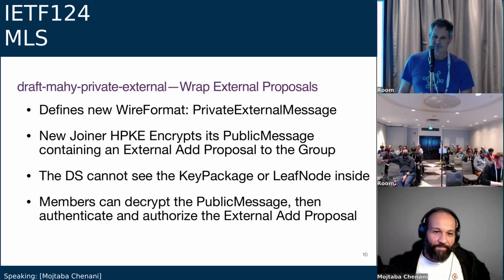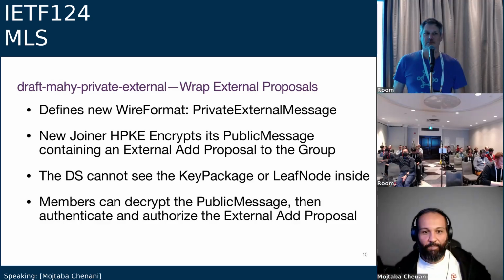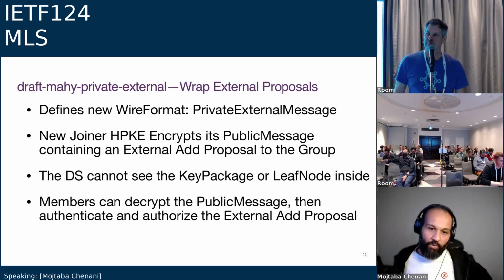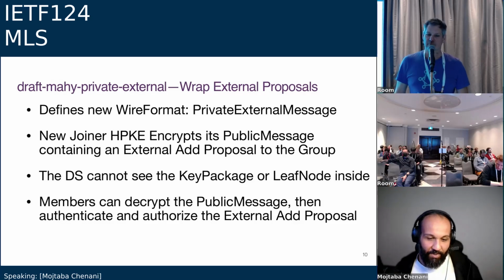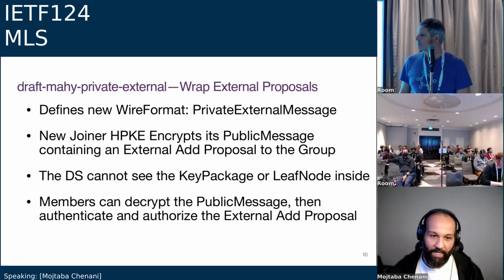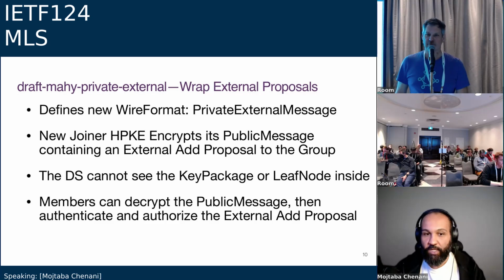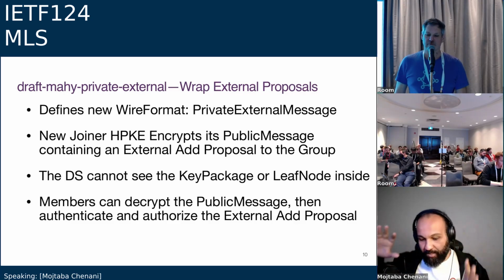Yeah, perfect. Thank you. So as Ron mentioned, the problem is we have a DS. We don't want the DS to know what we are doing, especially about the external messages. So we're defining a new wire format to have a private external message that the new joiners will use, with HPKE encrypt, using new data shared before on the DS.